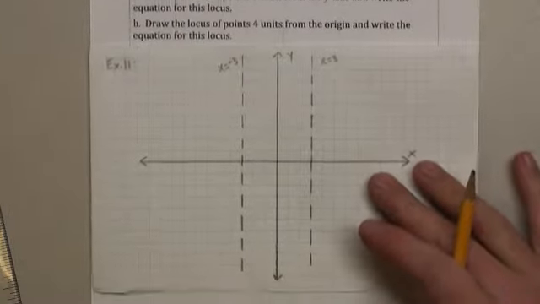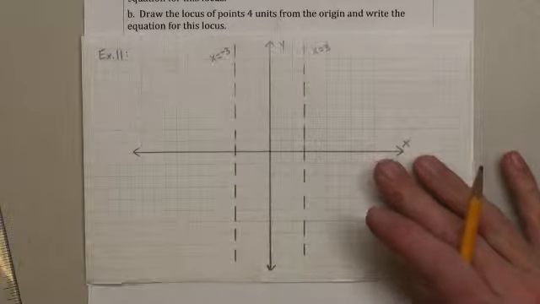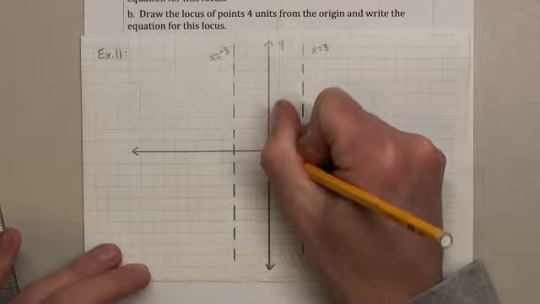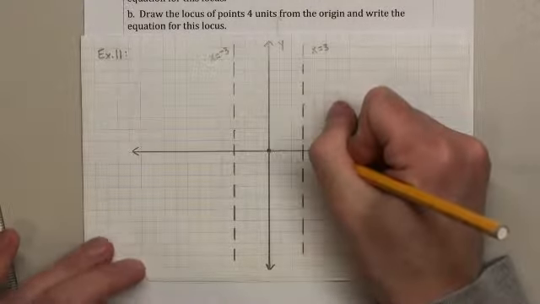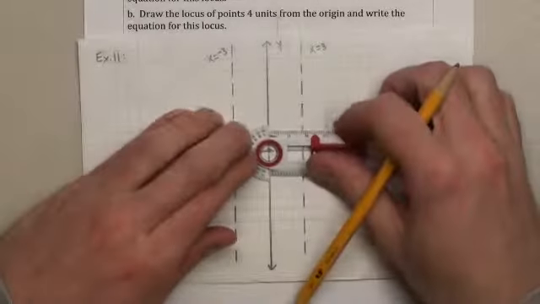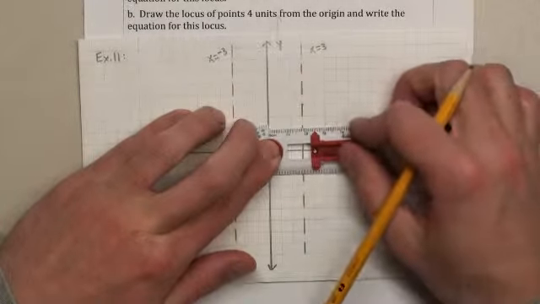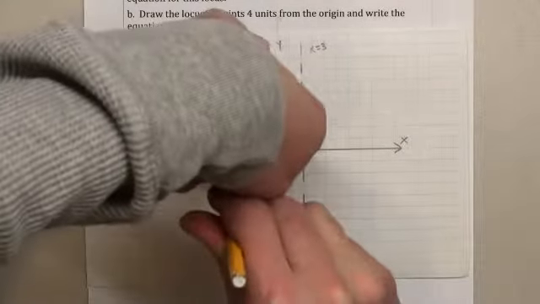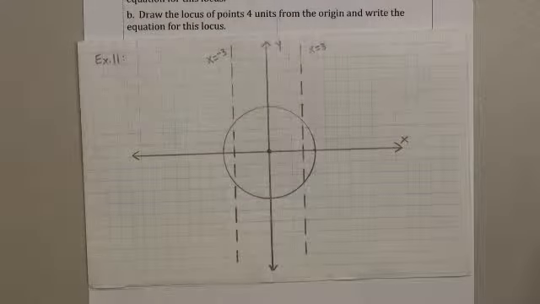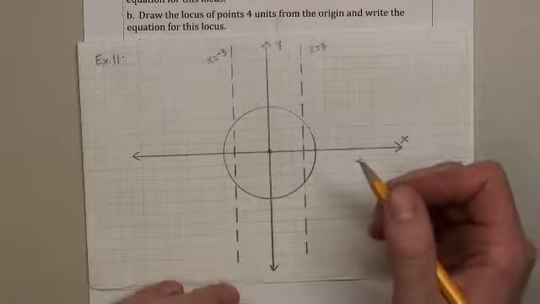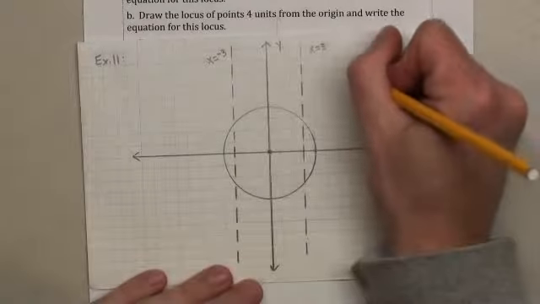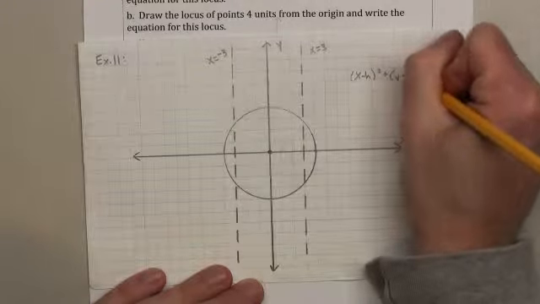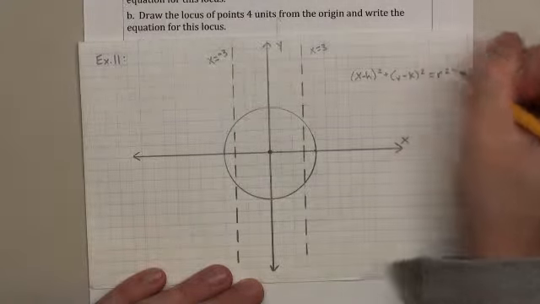So look at B. Draw the locus of points 4 units from the origin and write the equation for this locus. So 1, 2, 3, 4 units from the origin, which is going to be a circle, right? And what's the equation of that circle? Well, remember the equation of a circle is x minus h squared plus y minus k squared equals r squared.